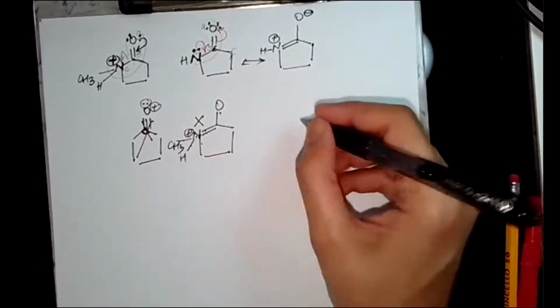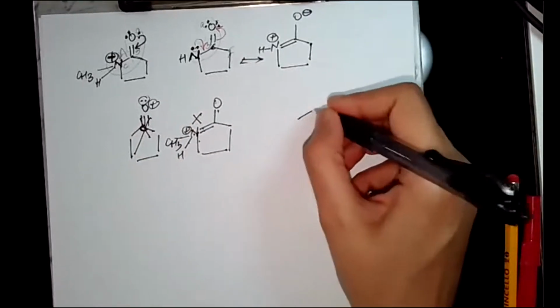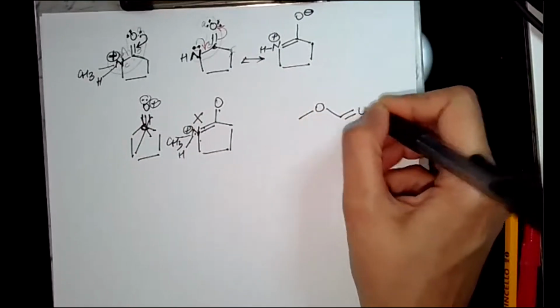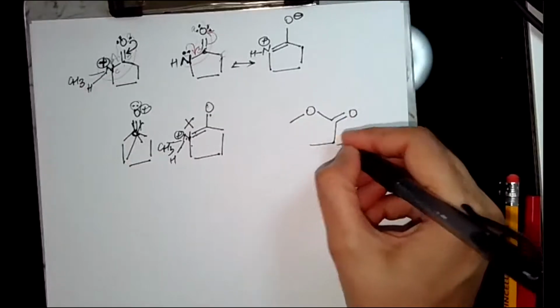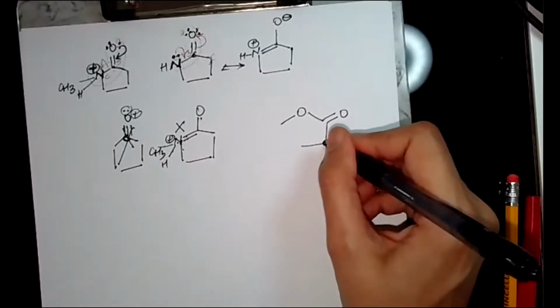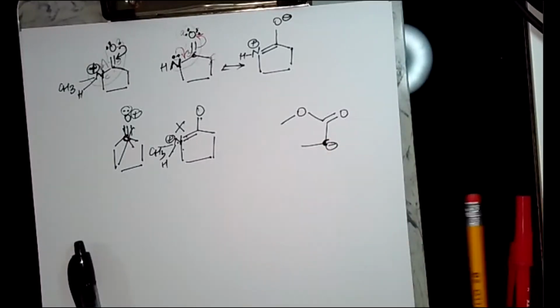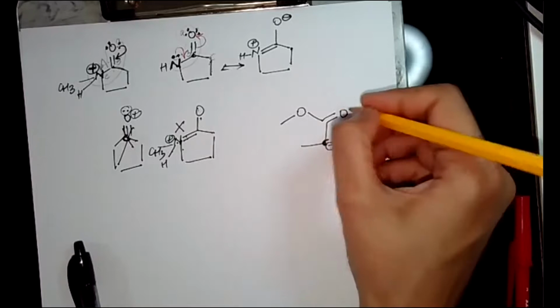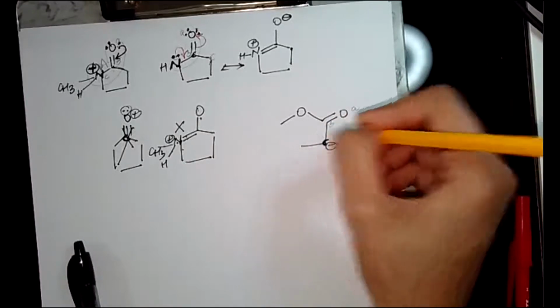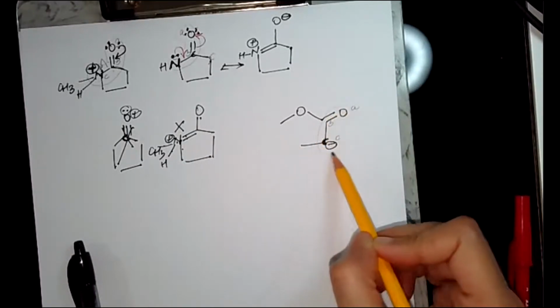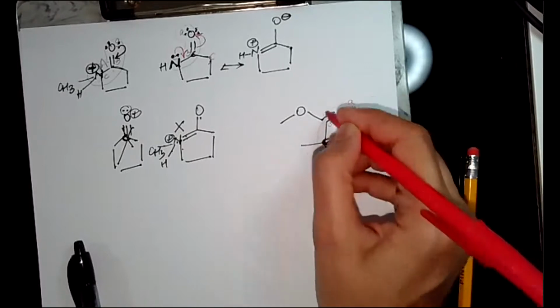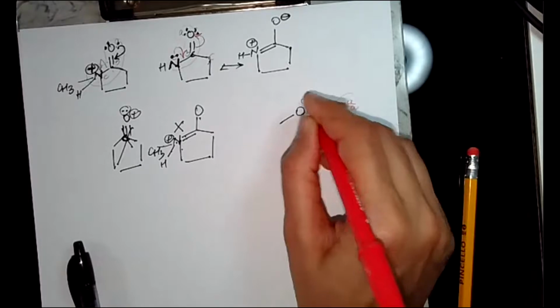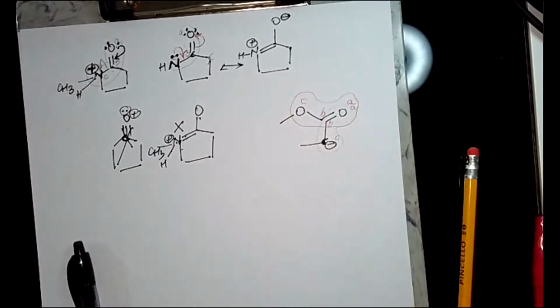Now, for example, I have a carbon right here with a negative charge. If I look at it, I can have an A, B, C pattern at this, and I can also have another A, B, C. I can have both of these.